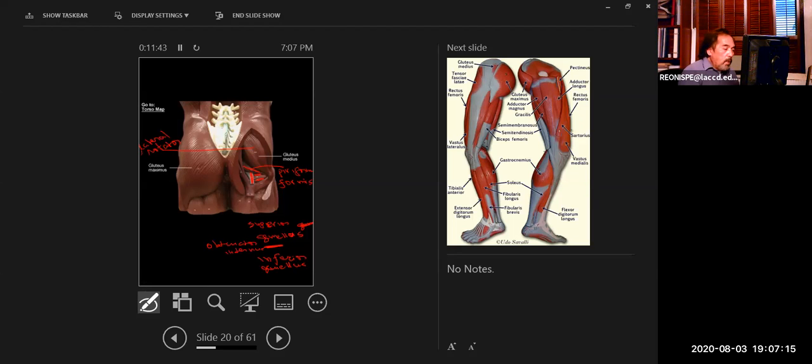So I'm going to mark it with a different color so you can actually see what it looks like between the two gemellus. Okay, this is going to be the muscle that is located there. It's called the obturator internus.